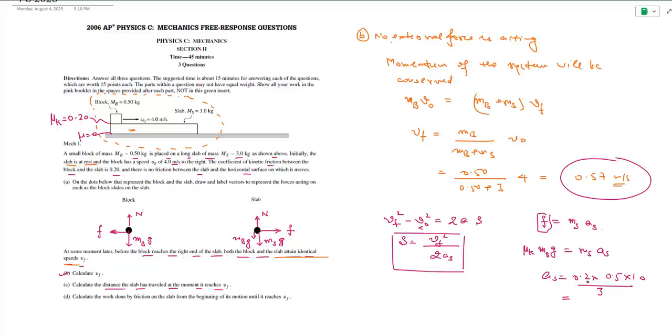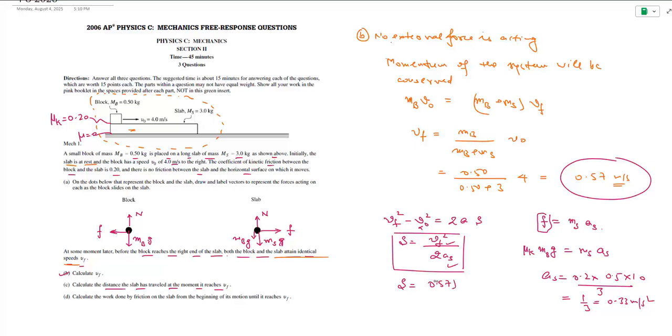It is 0.2, recheck the values. 0.5, g is 10. So that will be 1 by 3, which is 0.33 meter per second square. Right? So if I substitute the value of As here and Vf from here, what will be the displacement? Calculate.